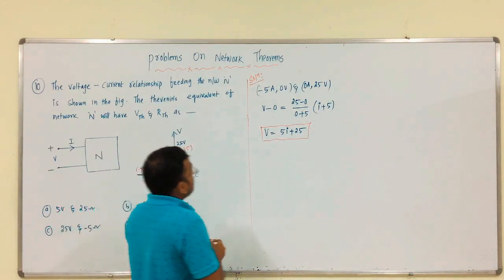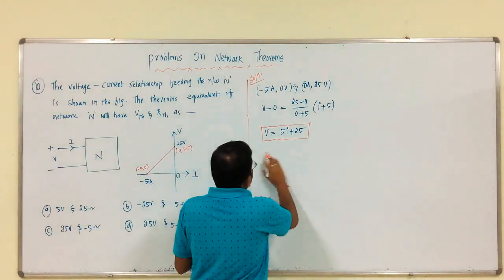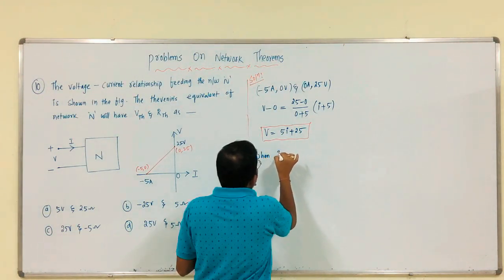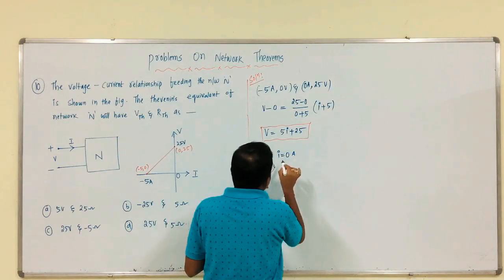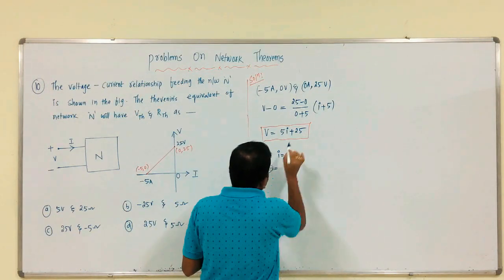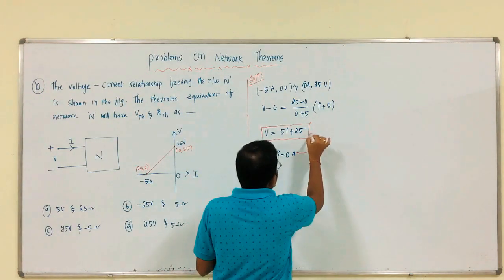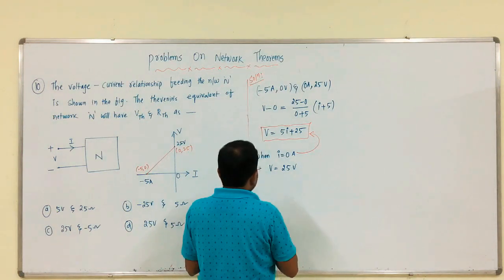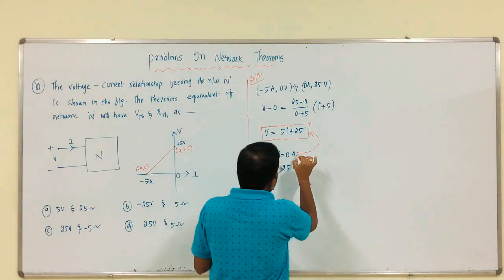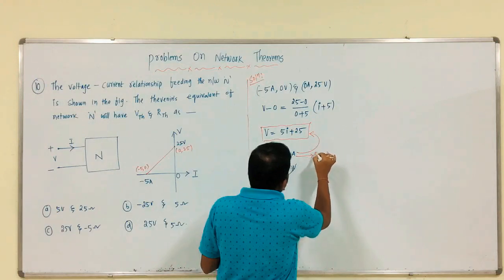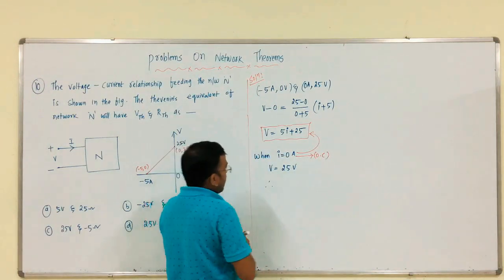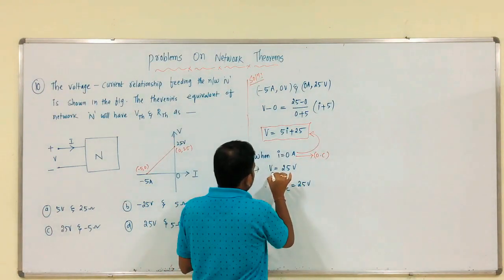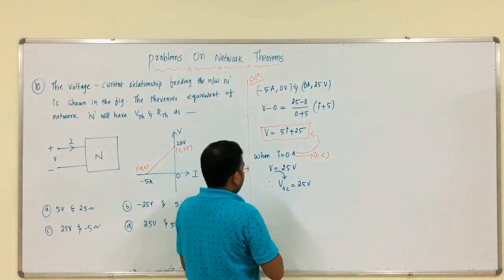See, when I is equal to 0 amps, V is equal to what? From this, 25, right. That is nothing but open circuited. When I is equal to 0, open circuited. Therefore, VOC is nothing but 25.